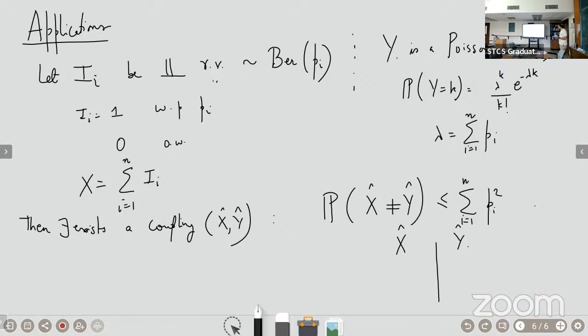Okay, so what will we do? What did our theorem tell us? The theorem was less than or equal to this. Yeah, that is correct.